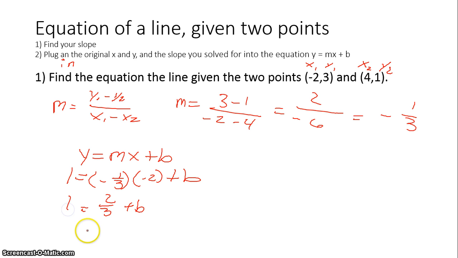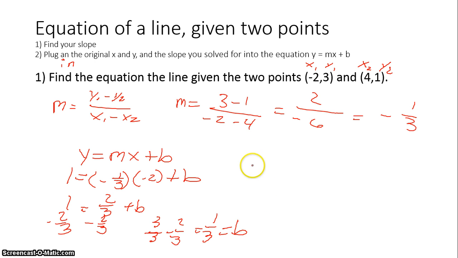I still have the y value over here. Then I subtract my 2/3 over, minus 2/3. 1 minus 2/3 gives us what? Yes, 1 is equal to 3 over 3 minus 2 over 3, and so that equals 1/3, and that's our b.